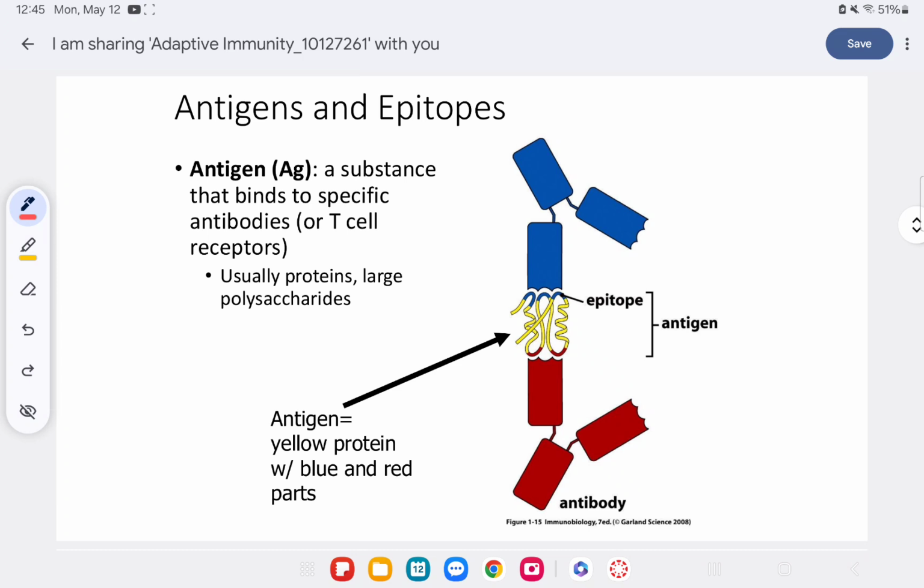I don't need us to know this terminology, but I want you to see something: if this is the antigen, let's just say that's a spike, that spike has this part up here to which I can make a blue antibody, and a part down here to which I can make a red antibody.